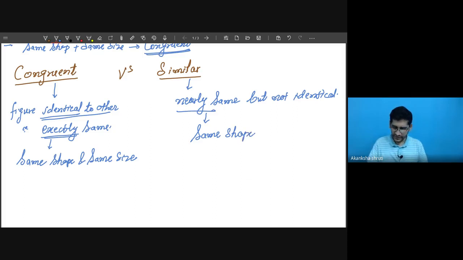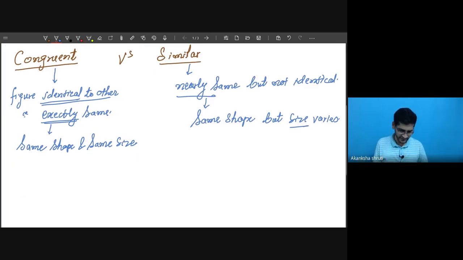Okay, students, the shape is the same but the size varies. Even if it is the same size, that can also be considered similar, but that will not be congruent.